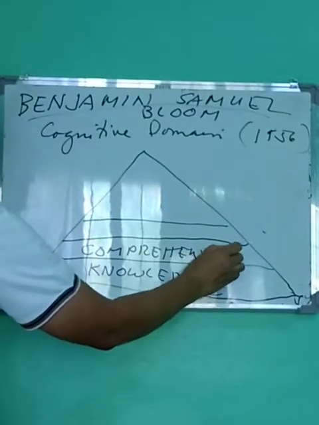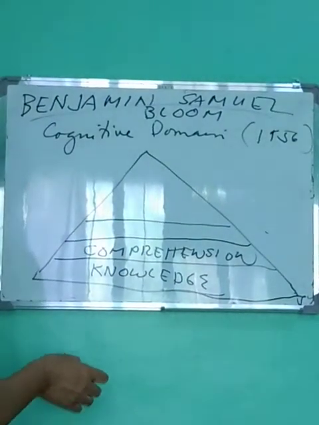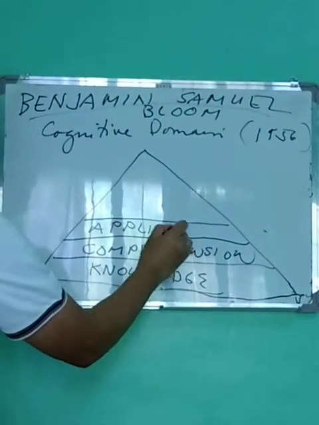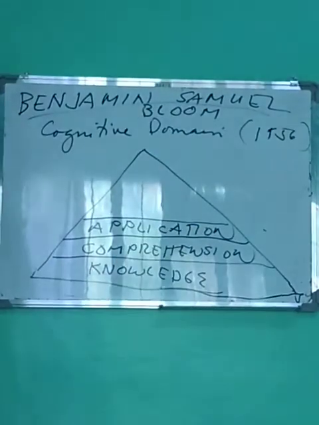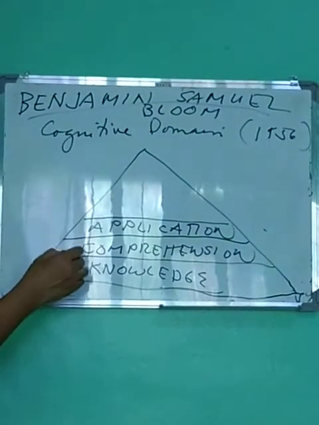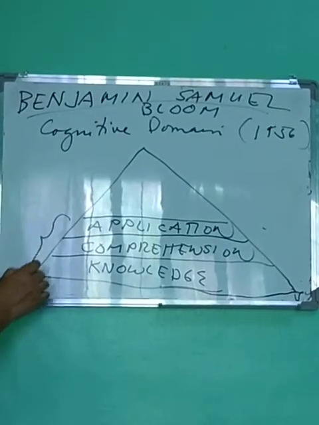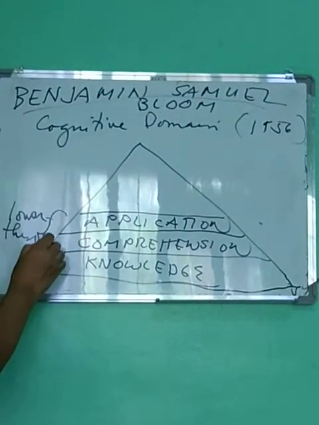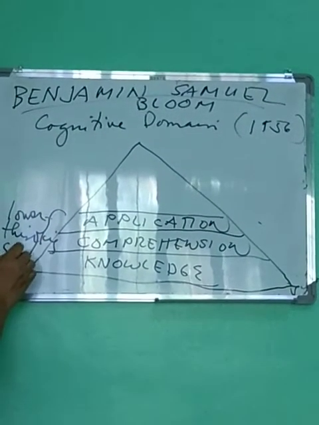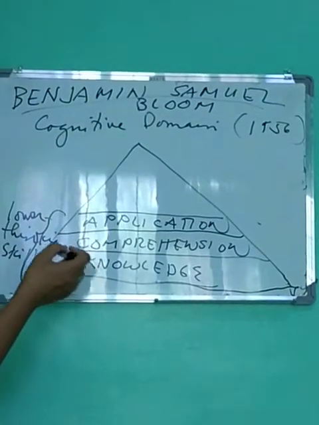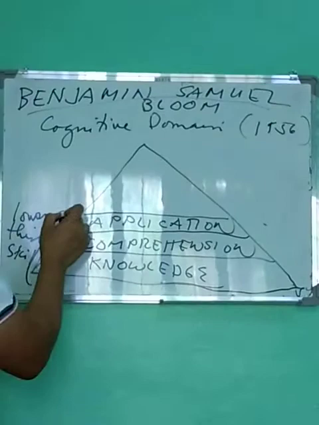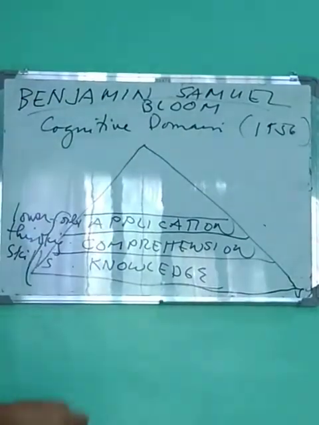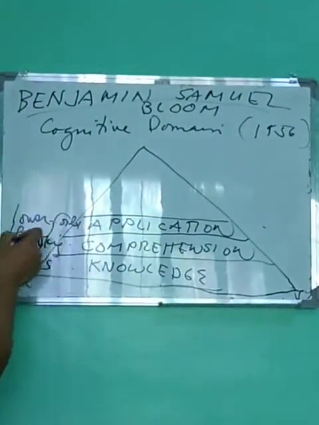And then we have application. So the first three bottom skills, he calls the lower thinking skills. According to Bloom, you cannot proceed to the higher order thinking skills without them. So knowledge, comprehension, and application are lower order thinking skills.